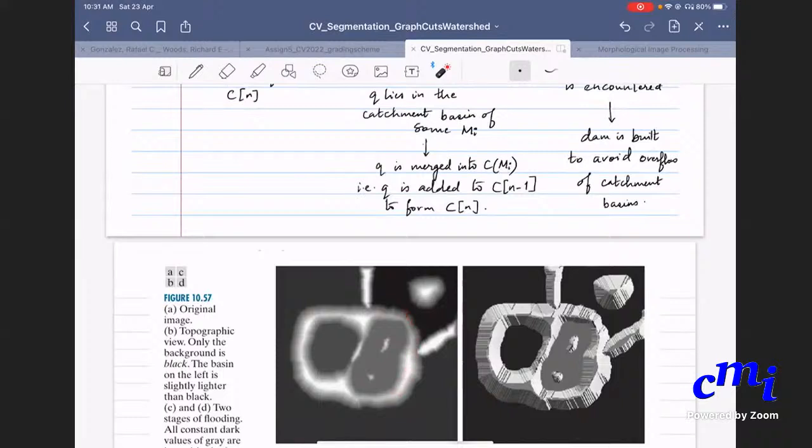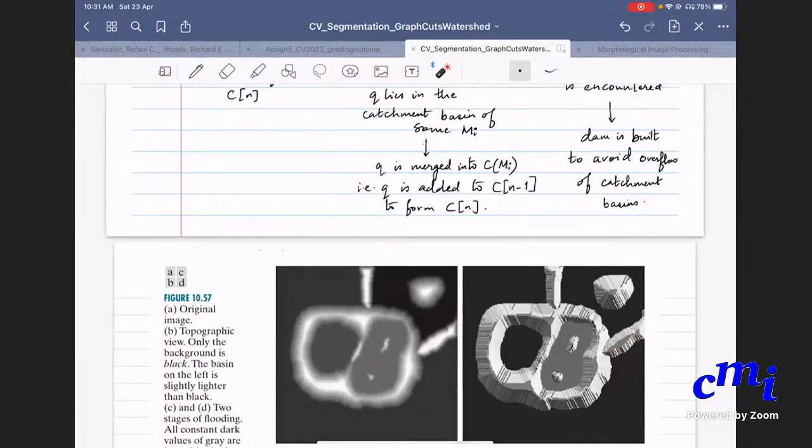These whiter regions will be sort of above the black region. So this is in 3D with the intensities playing the role of height. The black region, for example, will be at the bottom of this topographical image, and wherever there is bright white, that will be the top peaks of this topographical image.